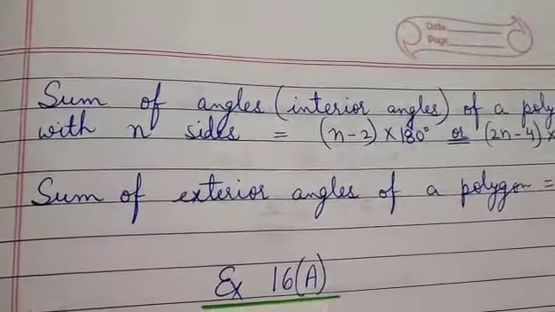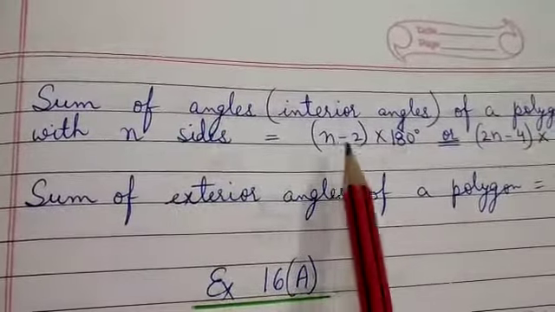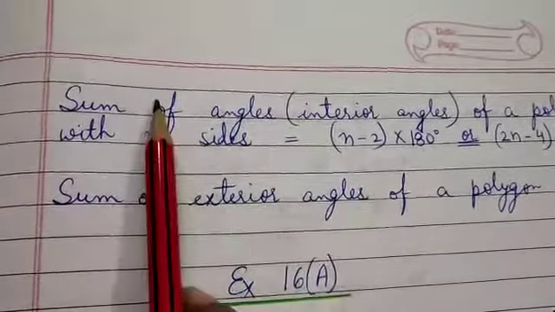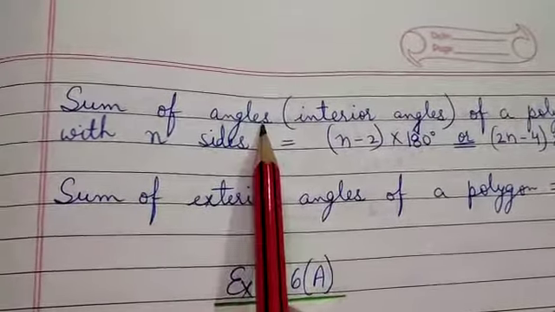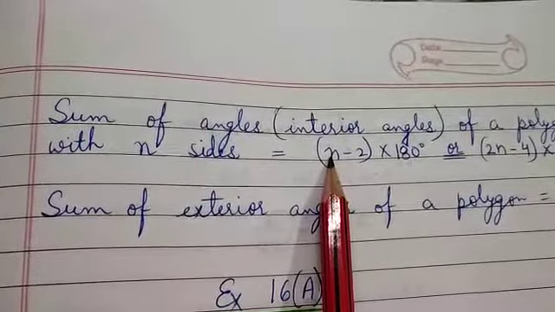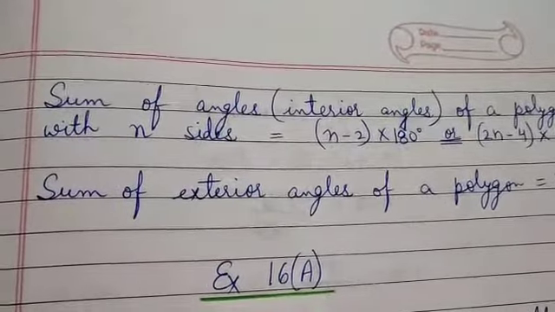Now see children, in this formula, the sum of angles of a polygon with n sides is (n minus 2) into 180 degrees, there are 2 variables. The first one is the sum of angles, and the second one is the number of sides. So 2 types of questions can arise.